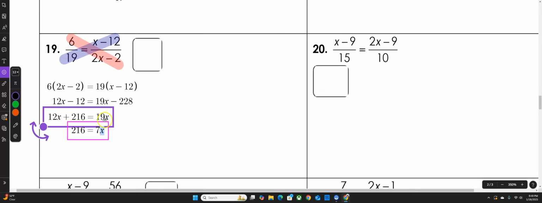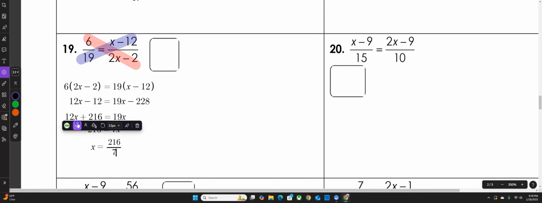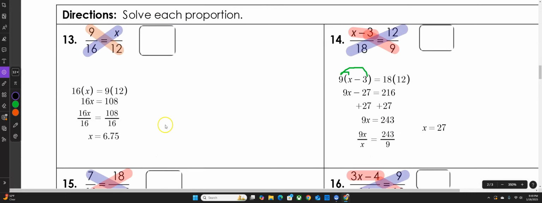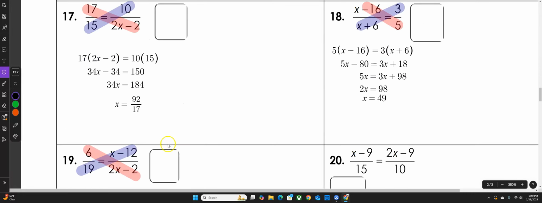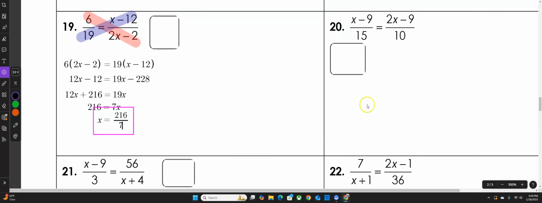So we're going to go ahead and leave it as x is equal to 216 over 7. Now the instructions do not say to solve or to round, so we're going to leave them as exact. All right, number 20, they are both on top.